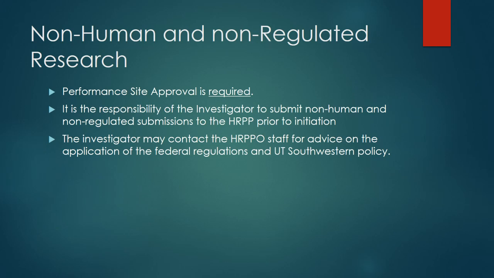It is the responsibility of the investigator to submit those submissions to the HRPP prior to initiation, and you can definitely contact our office for guidance or advice so that you are in accordance with the federal regulations and the UT Southwestern policy.